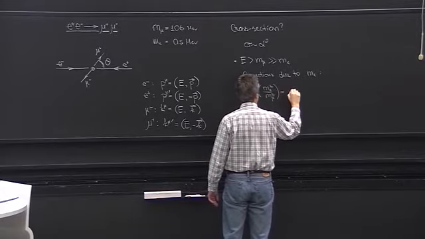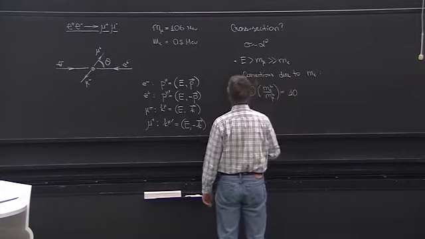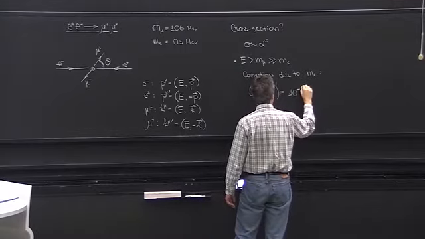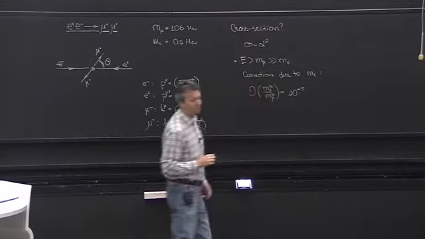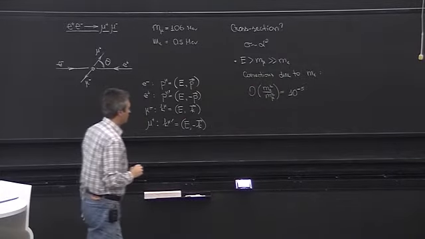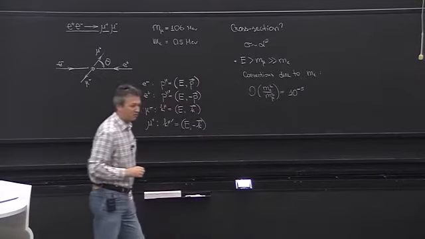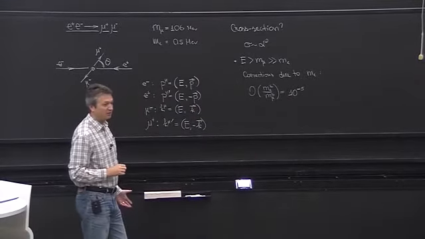So this is something of order 10 to the minus 5, I think. So they're very, very small. And to the first approximation, we can neglect them.